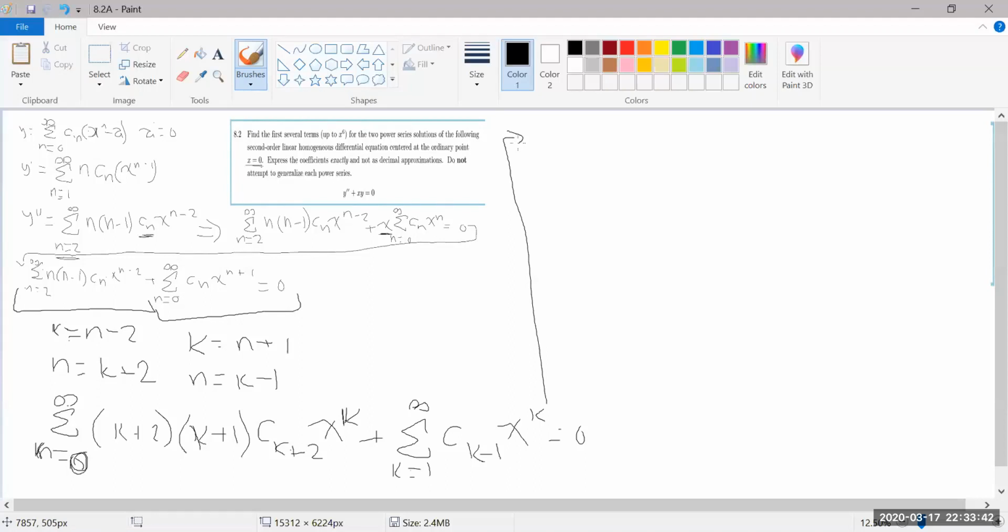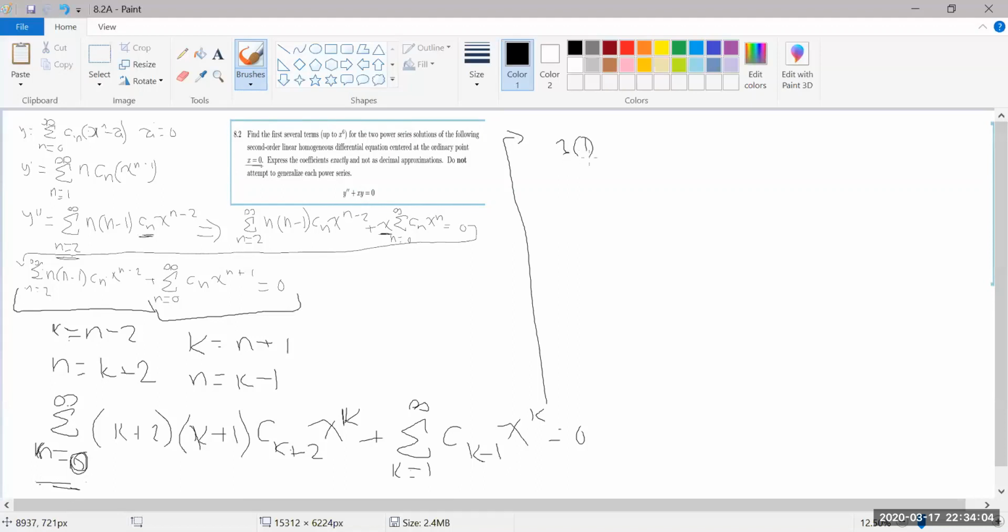index as well. So to do that, we're pretty much going to take this 0 term here. We're going to take k equals 0 and evaluate the first summation at that. Evaluating the first summation at k equals 0 gives you 2 times 1.